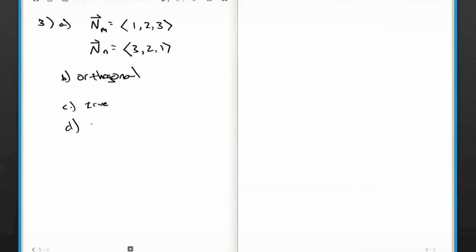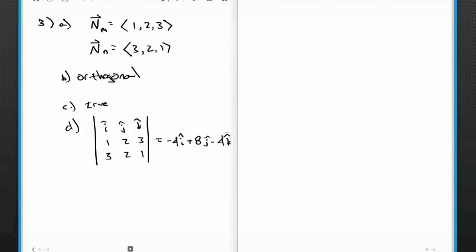So that goes i, j, k, 1, 2, 3, and 3, 2, 1, and that equals 1 times 2 is 2, minus 6 is negative 4i, minus, okay, so I cross out the j, 1 times 1 is 1, 3 times 3 is 9, so that's 1 minus 9 is negative 8, so that's plus 8j, and k, cross that out, so that's 1 times 2 is 2, minus 6 would be minus 4.